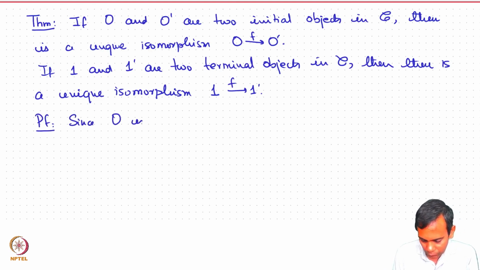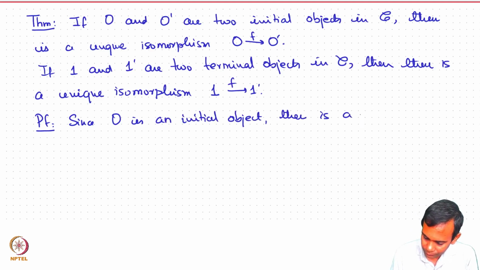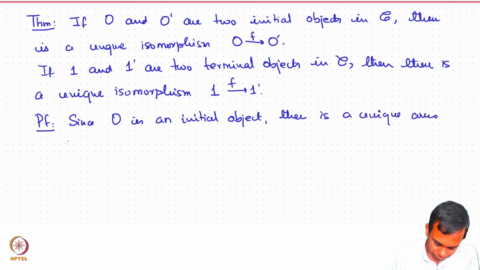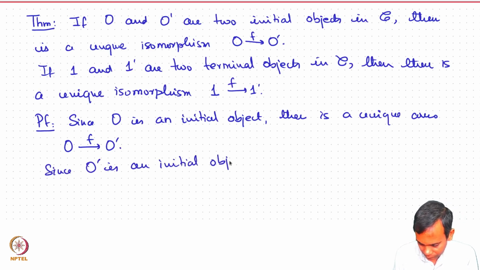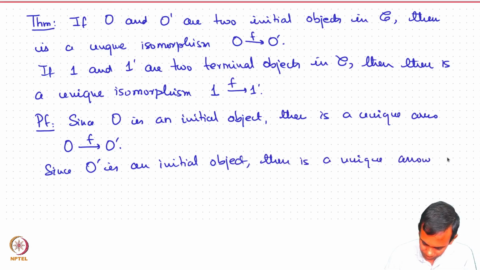Since 0 is an initial object, there is a unique arrow f from 0 to 0 prime, and since 0 prime is an initial object, there is a unique arrow g from 0 prime to 0.